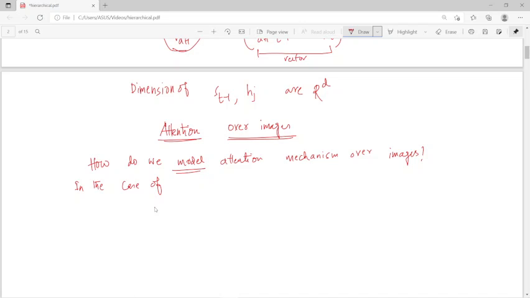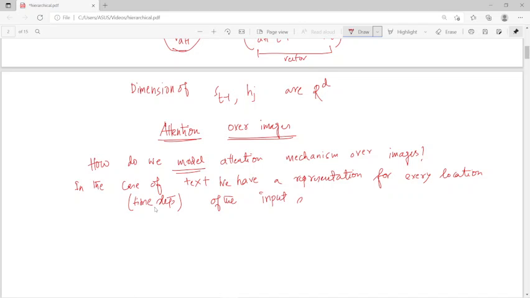But in case of text we have a representation for every location, that means every time step of the input sequence.